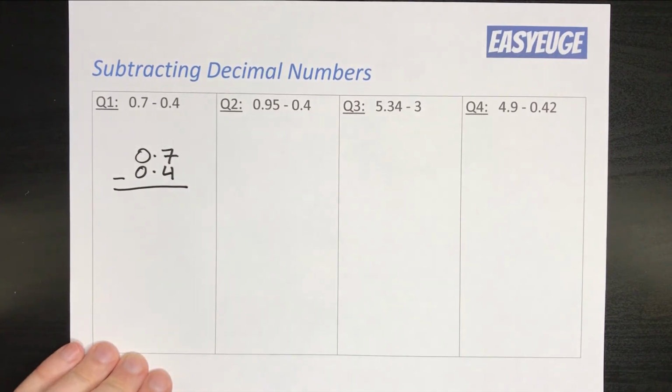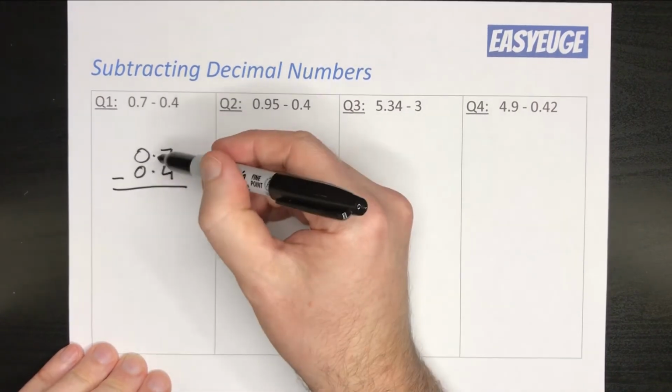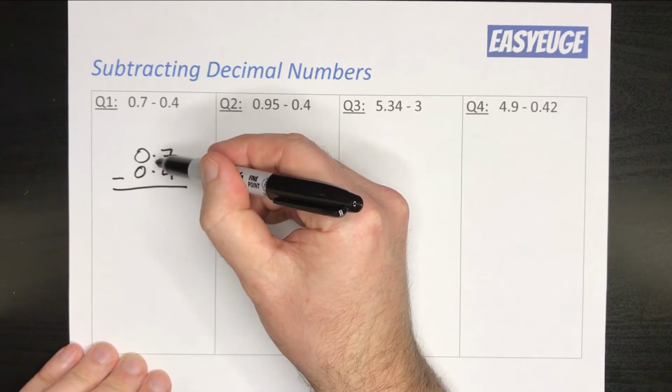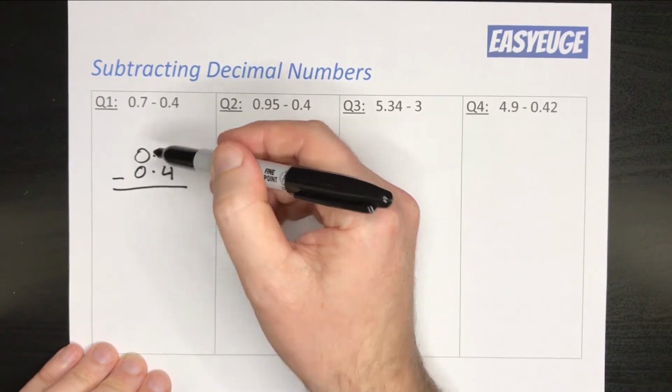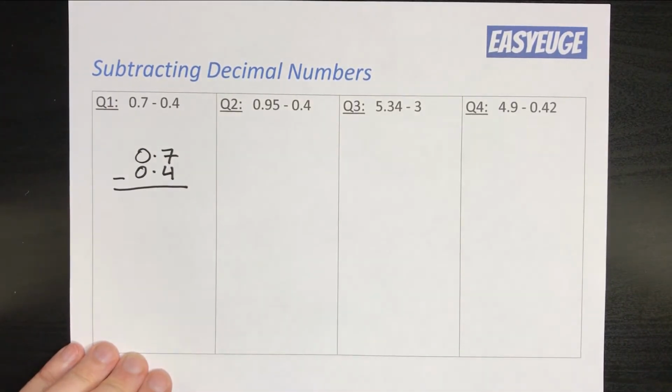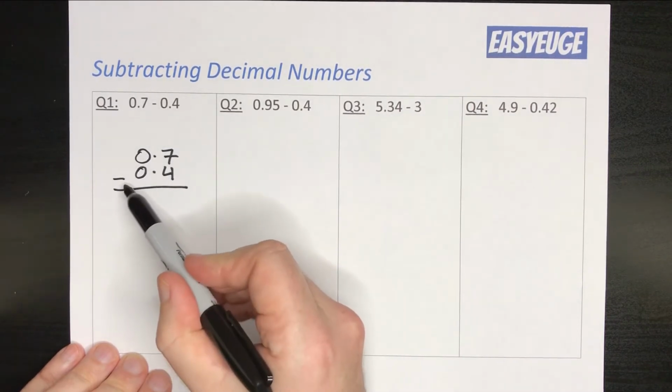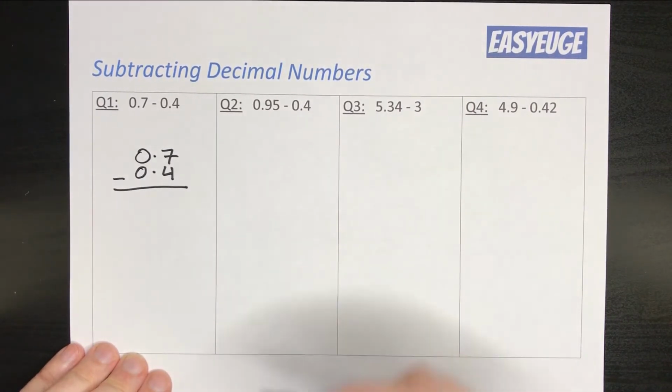The trick to subtracting decimal numbers is to make sure that you keep the decimal point in alignment between all the numbers, and that helps to keep the decimal place value correct. And then we go straight ahead and simply do what this symbol says, subtract.